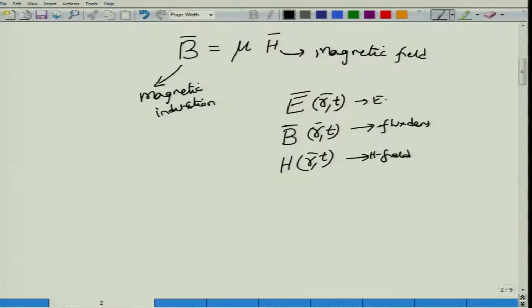This we will simply call the E field, which does not introduce a lot of controversy. So simply call these the E field, B field and H field, and you can be alright. The E field is measured in volt per meter. The H field is measured in ampere per meter, and the B field is measured in the unit called Tesla, after the great scientist Tesla that you might have heard of.